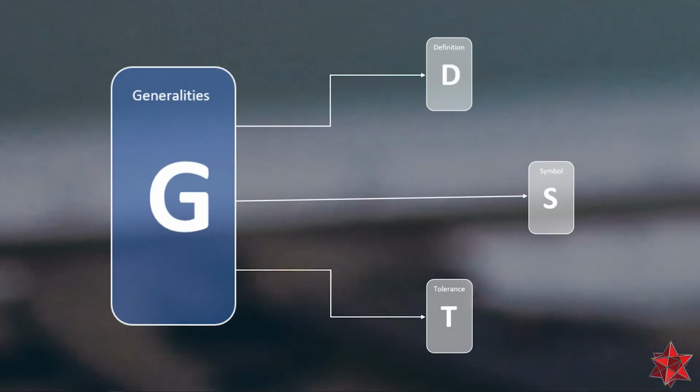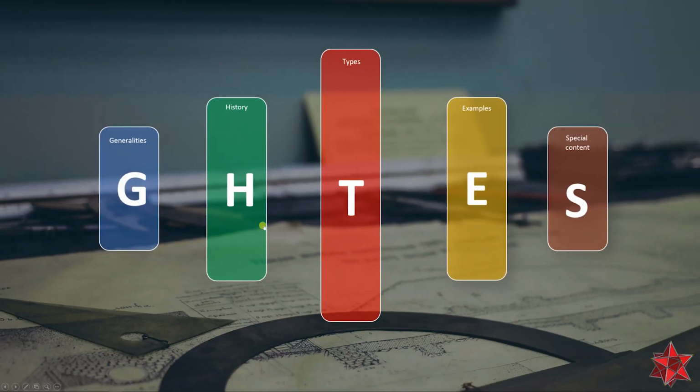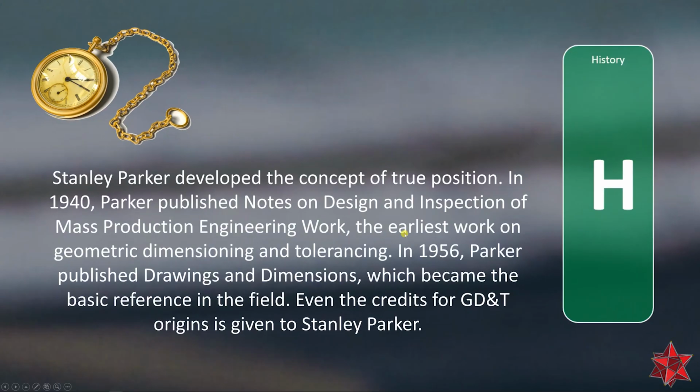And let's see now who is the founder of the true position. So Stanley Parker developed the concept of true position. In 1940, Parker published notes on design and inspection of mass product engineering work, the earliest work on geometric dimensioning and tolerancing.